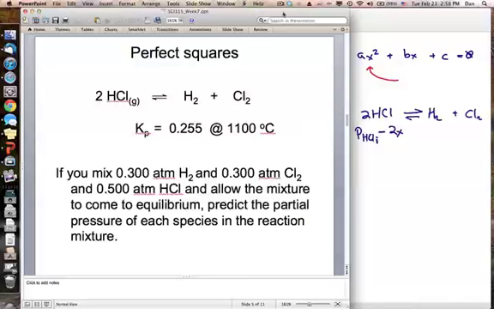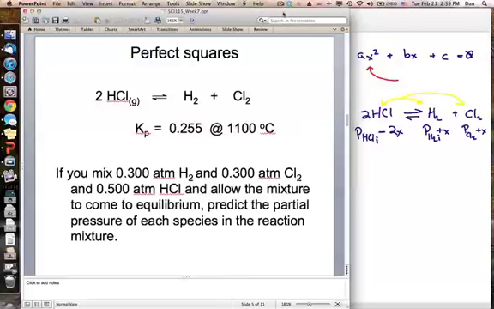And along those same lines, the partial pressure of the H2 will be the initial value plus whatever is gained in the reaction, in this case plus x. And we can write a similar statement for the chlorine, because these concentration values are not independent of one another. They are all related via stoichiometry.